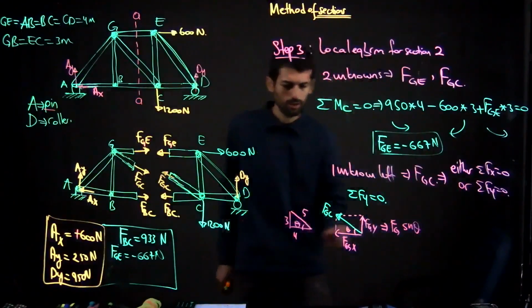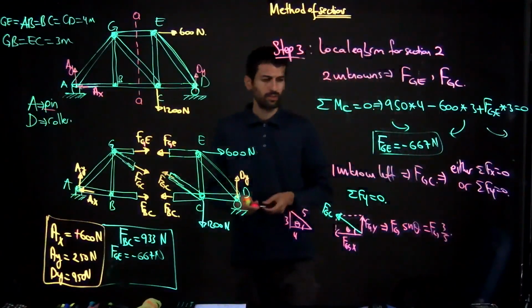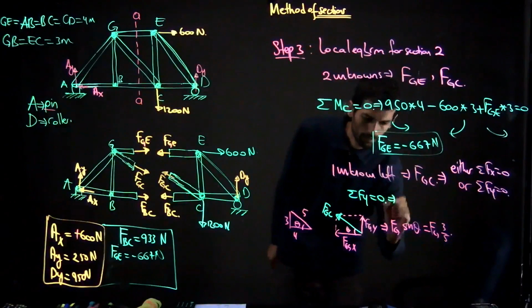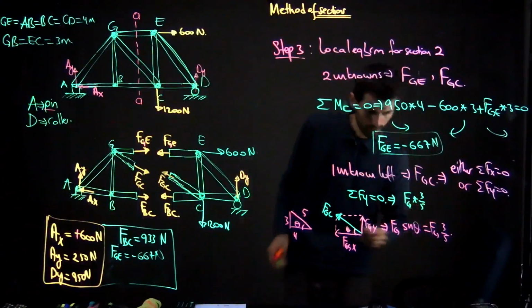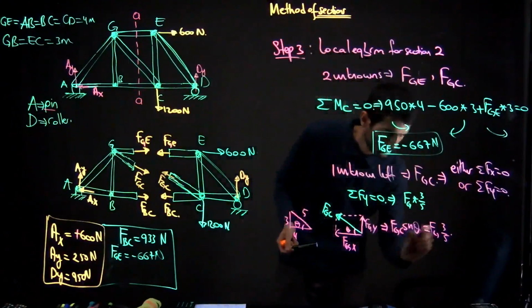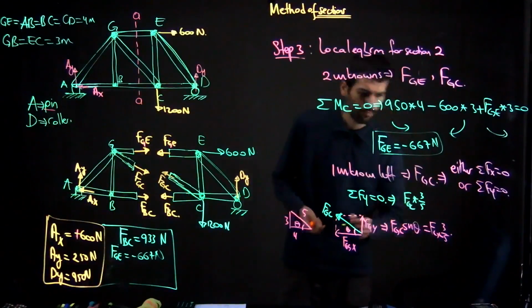Sine theta is 3 by 5. So positive FGY makes FG times 3 by 5. It should be FGC, so let me correct it. FGC, FGC, and FGC. Okay.